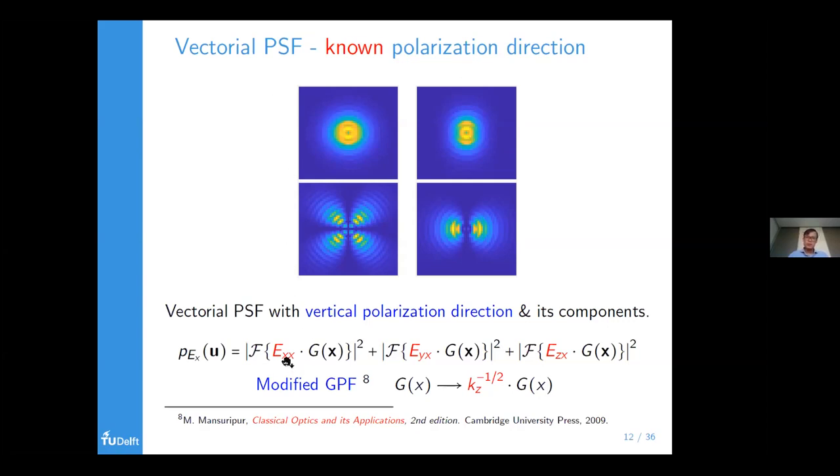And we have the three components of the polarization vector after the lens. These three can be considered as amplitude modulation of the generalized pupil function. Because the three components are incoherent, the total intensity is the sum of the three intensity components, like this formula.